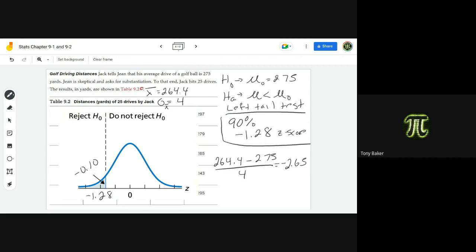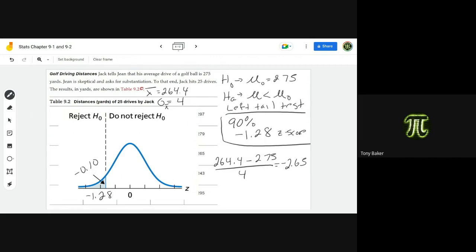If it's not in that area, we don't reject. Okay, so we did a 90% hypothesis test and determined that his average is going to be less than 275. So we reject his hypothesis.